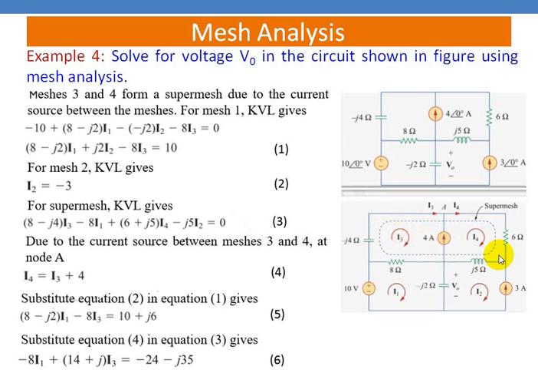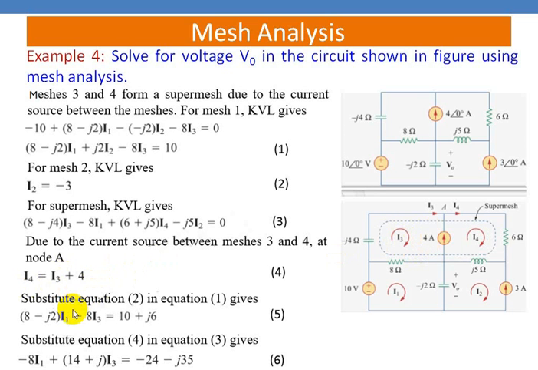So therefore, I can write this current as I4 minus I3 equal to 4 ampere. So this direction is same as that direction. So I4 minus I3 equal to 4 ampere. If this current direction is also the same, then you have to write I4 plus I3 equal to 4. Okay, so this is the equation, I4 equal to I3 plus 4.